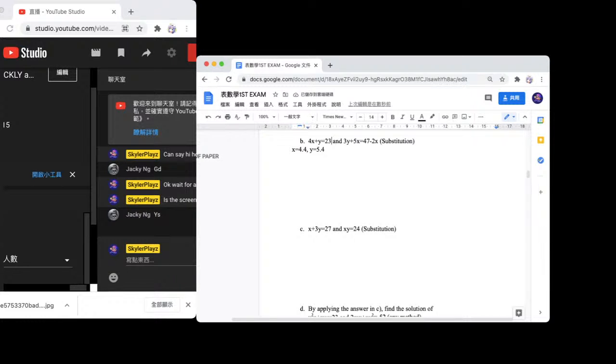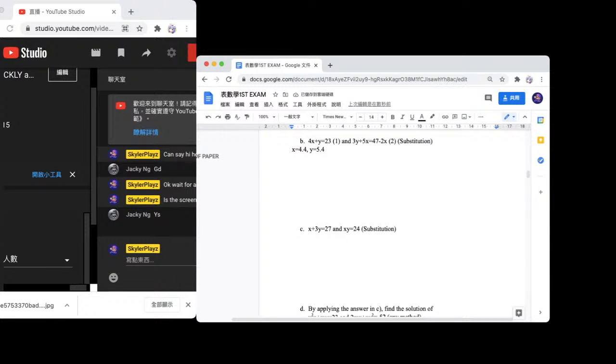We mark this as the first equation and mark the other as the second equation.